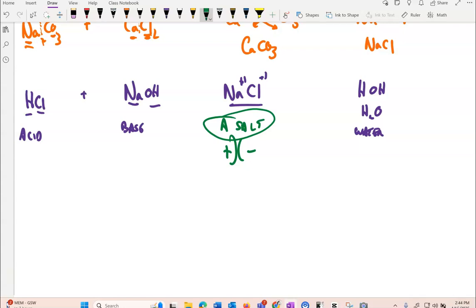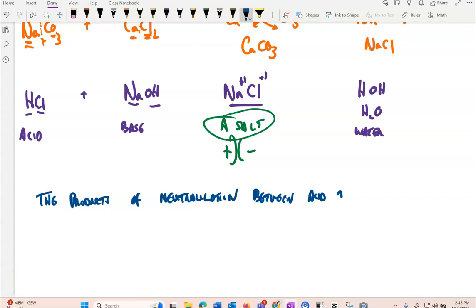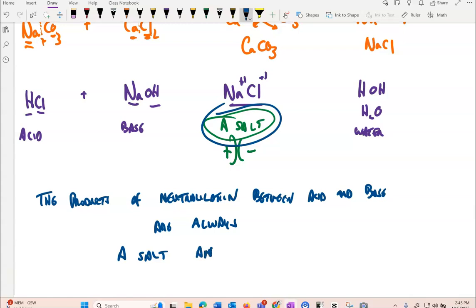So when we are writing our products, let's remember this one rule, that the product of a neutralization reaction between an acid and a base are always, and I want to make sure we're very clear on this one, are always a salt, which just means a neutral ionic compound that doesn't do anything, and water.